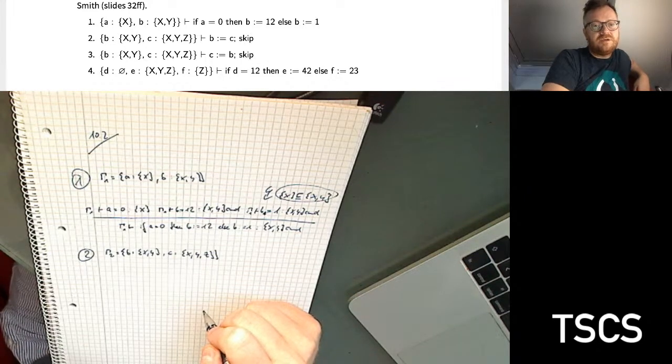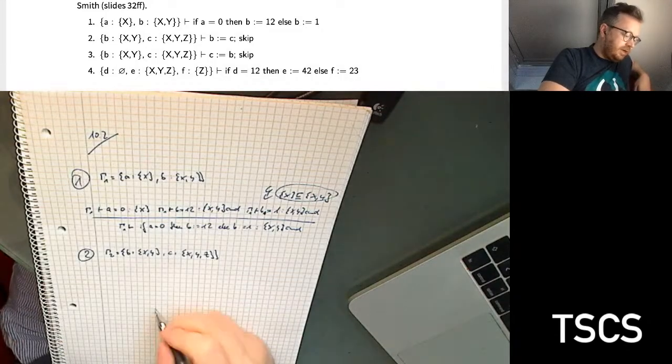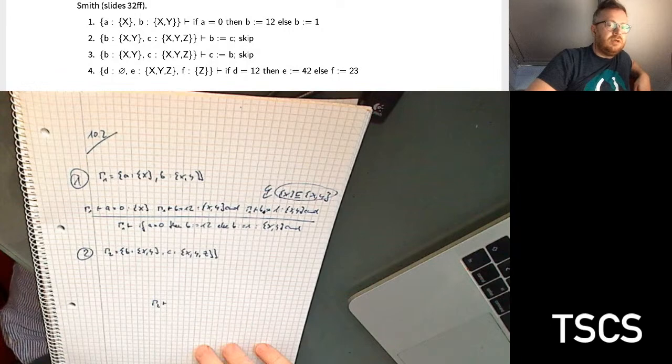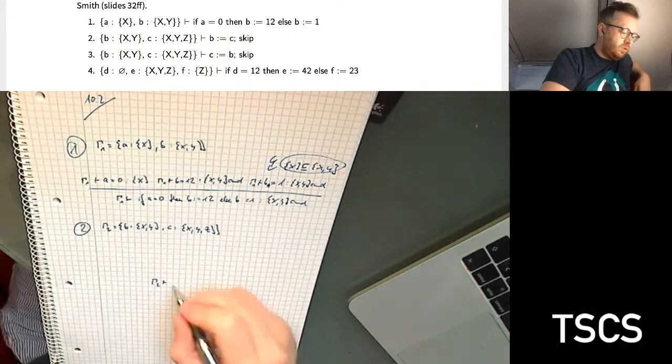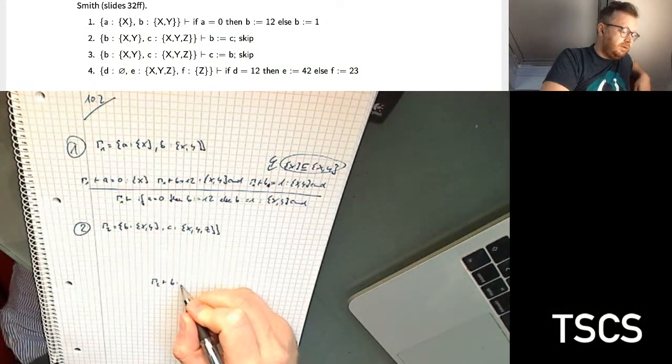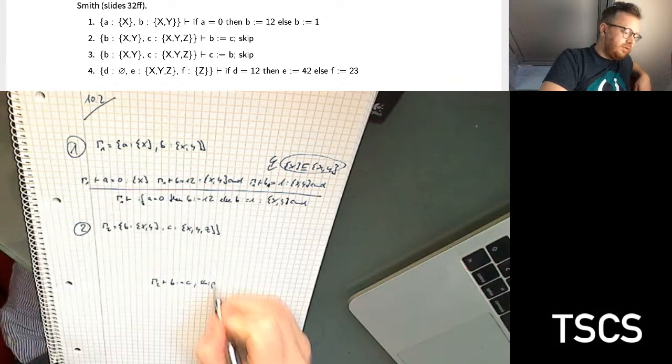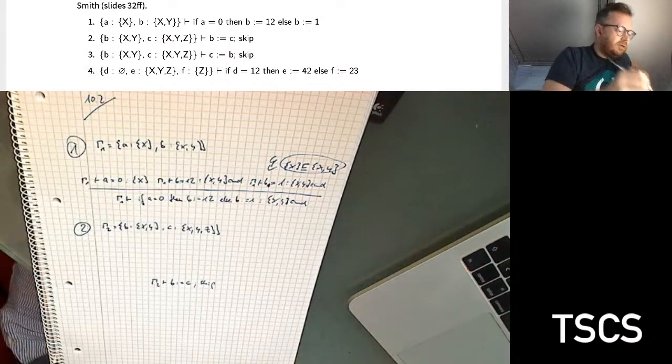And the thing you would like to type check is whether, under the assumptions of gamma 2, we can type check the assignment from C to B, and then a skip.